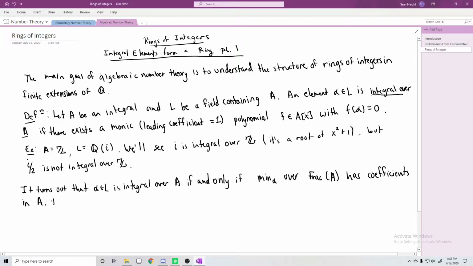In this case, the minimal polynomial of i over 2 is x squared plus a quarter, and this definitely does not have coefficients in Z.